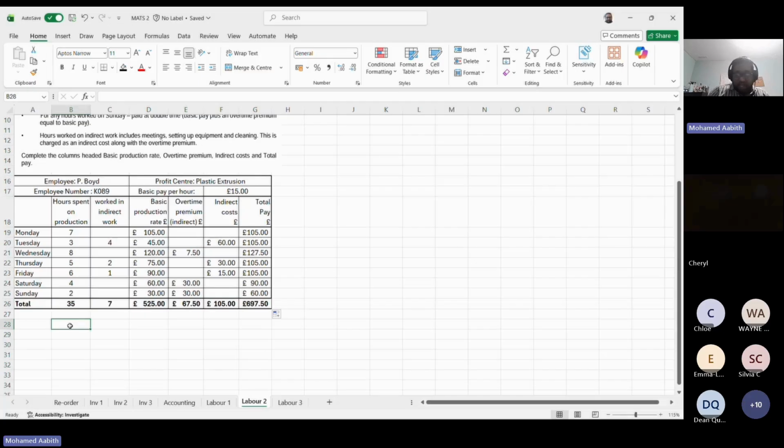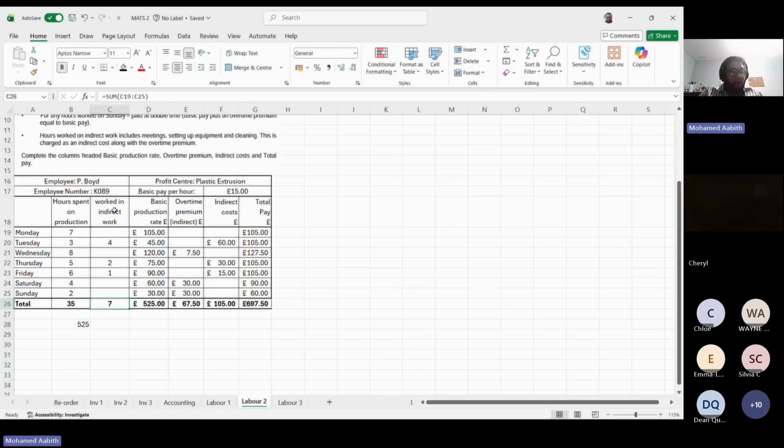If I'm going to say equal to 35 times £15, which is my hourly rate as my basic pay, I'm getting 525. So every hour they worked in the production is direct cost. That direct cost is for that amount.